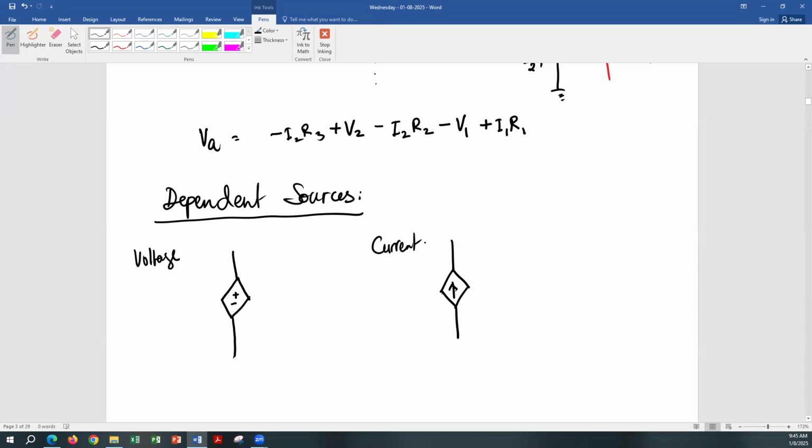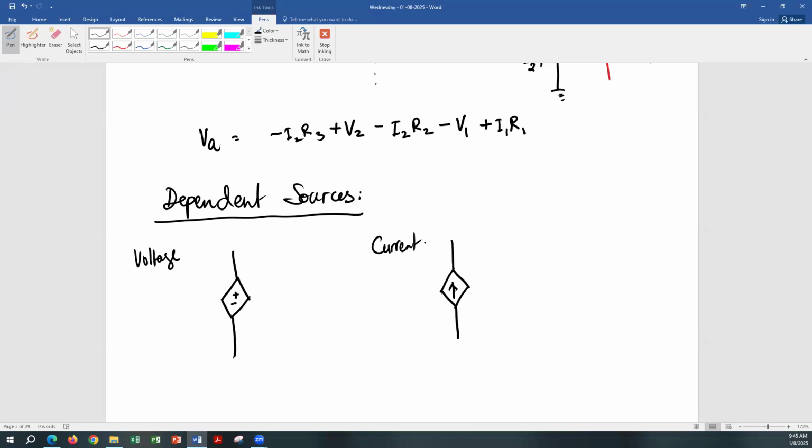Now, dependent means that their value depends on some factor in the circuit. For example, an amplifier. What is the function of a voltage amplifier? Some voltage is coming in, some voltage is going out. The output voltage in general is higher than the input voltage. The shape is the same, but the output voltage is higher.